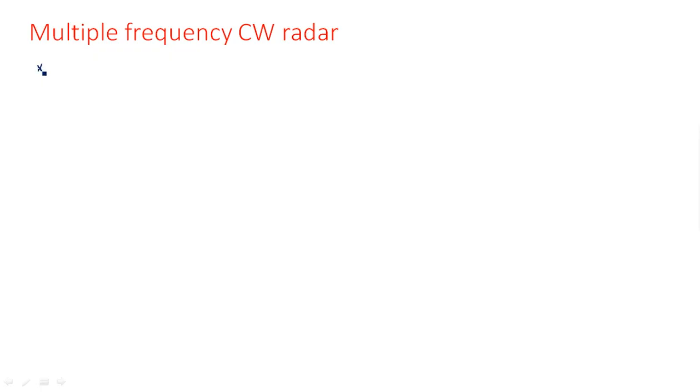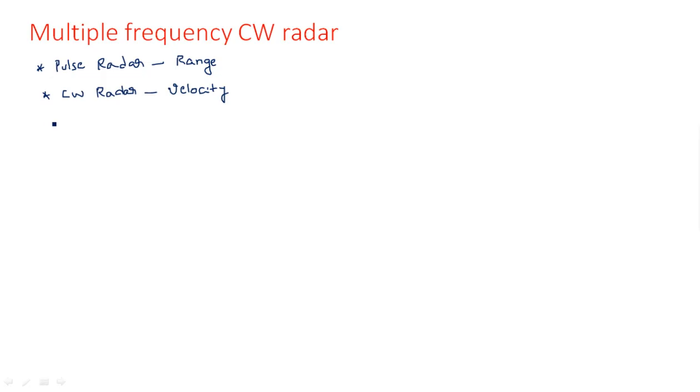You should know. So pulse radar is used to measure the range. It cannot calculate the velocity. Okay, you should know these differences. And CW radar is used to calculate velocity using Doppler frequency, but not the range.